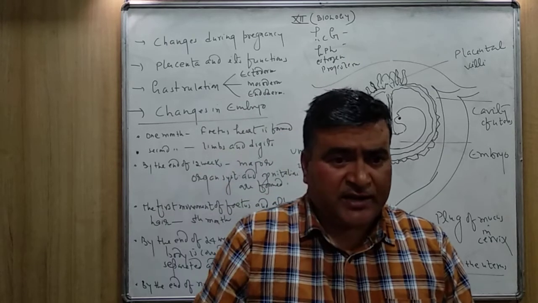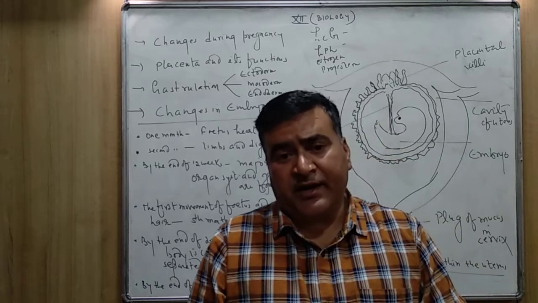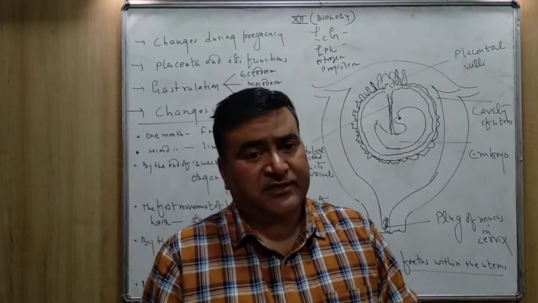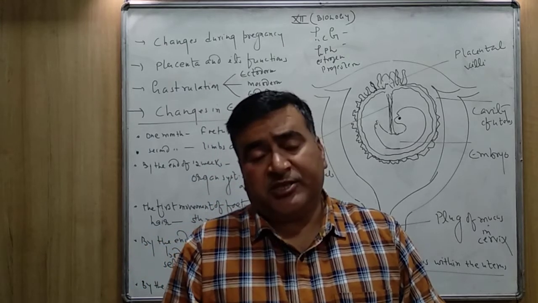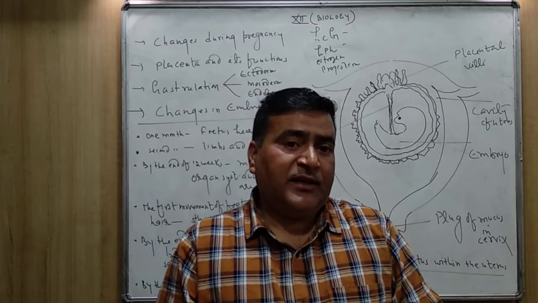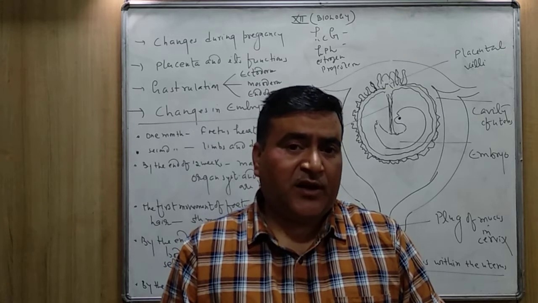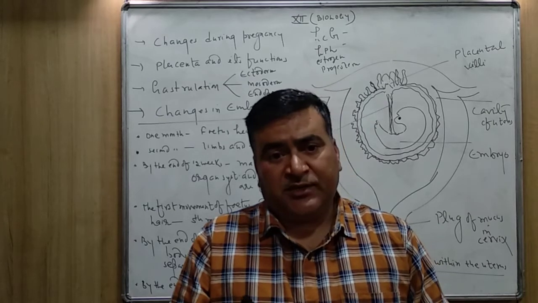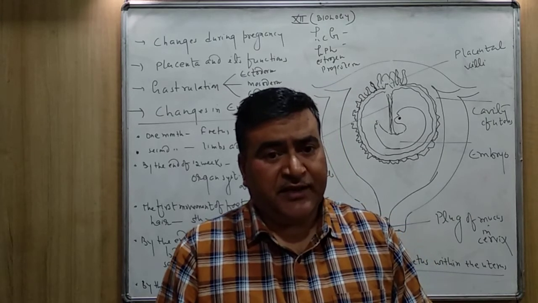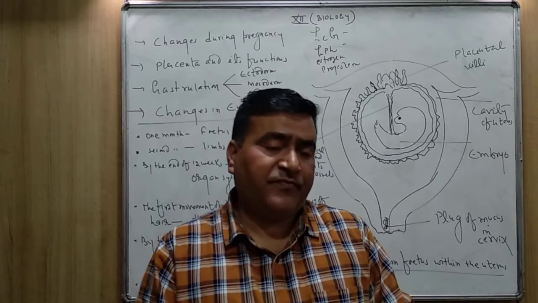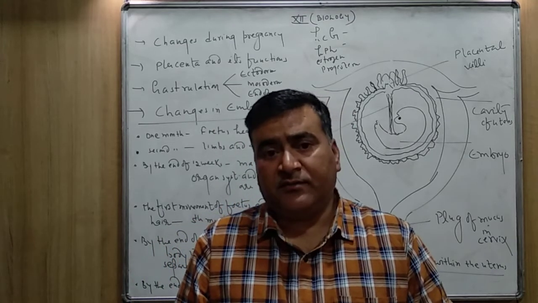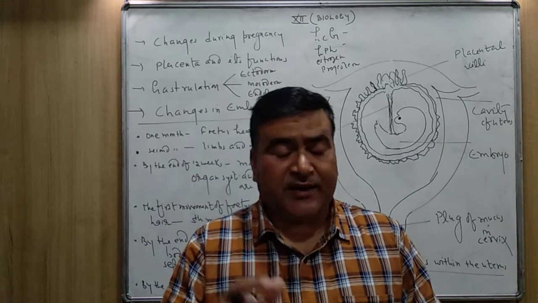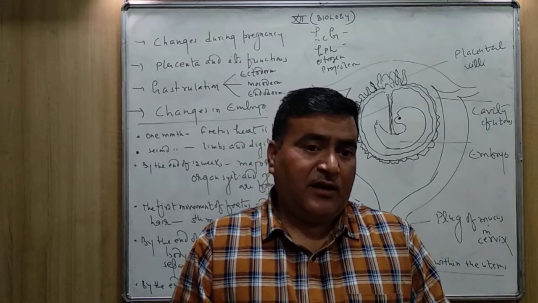And when the blastula is implanted into the wall of the uterus, then the third stage starts, and this is called gastrulation, or the formation of the gastrula. The blastocyst, after implantation inside the uterus, further divides mitotically and forms 3 germ layers.